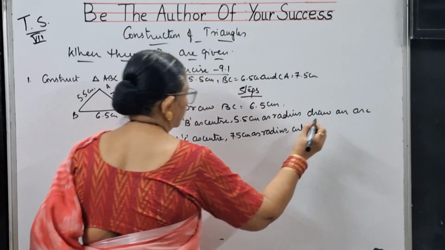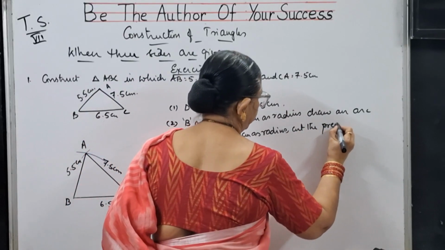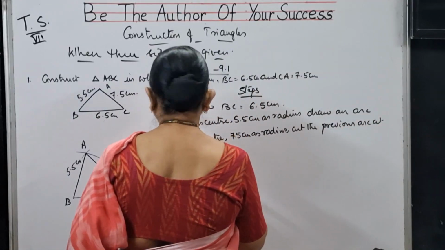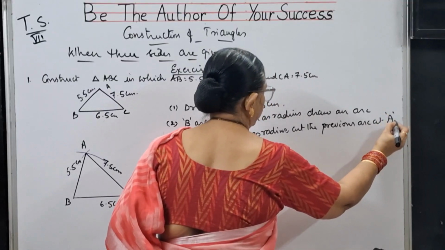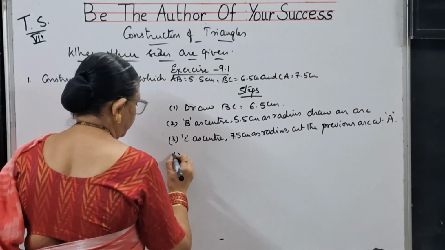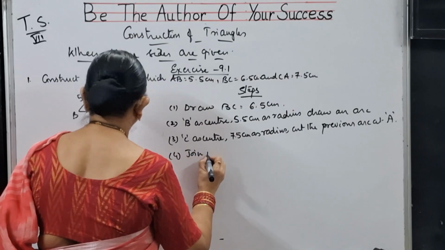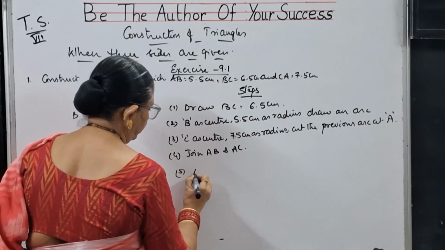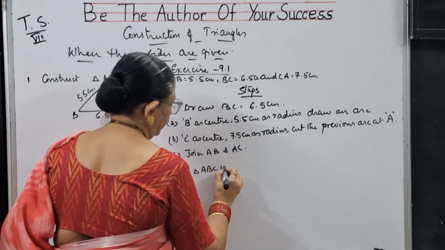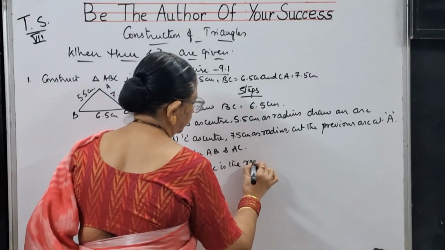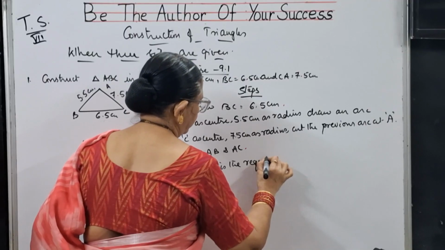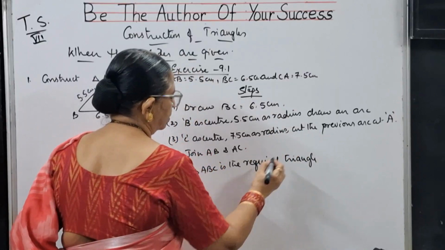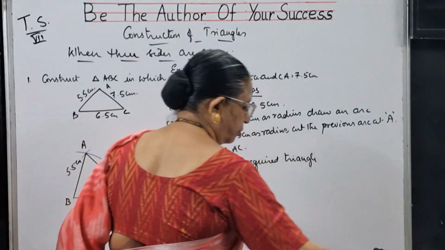Cut the previous arc at, what is the point we have written? A. That point should be named as A. Fourth one, join AB and AC. Fifth point, triangle ABC is the required triangle. So these are the construction steps for this problem, children.